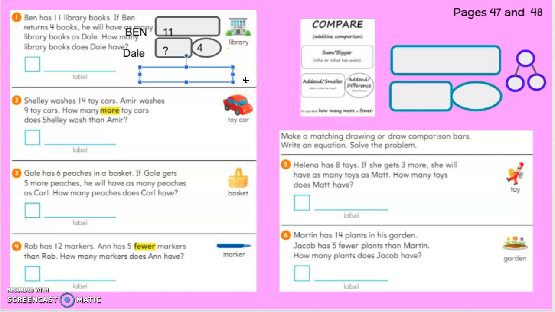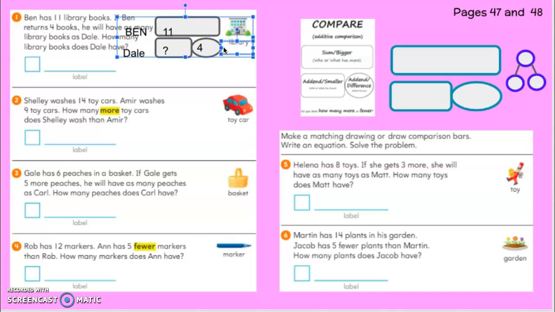And remember how they used the drawing of just circles, and Ben could have 11. Maybe you draw that many and cross out 4, or you make a line and leave the 4 empty and draw the rest for Dale to figure it out. Use what you need to solve this problem. But you need to have, oh, I forgot a label, didn't I?